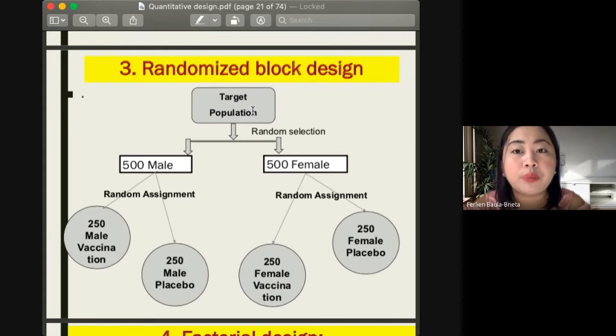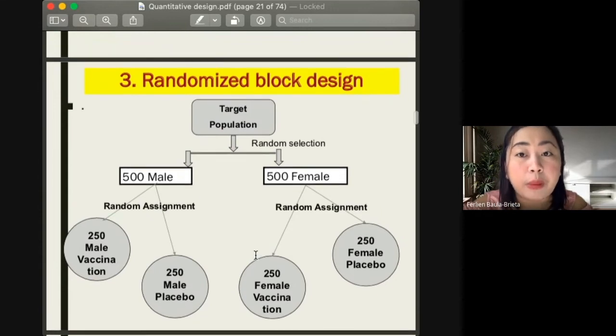So both our target population and the researchers do not know who received the vaccine and who receives the placebo. That is the most reliable randomized control design because there is no bias to it, in other words.